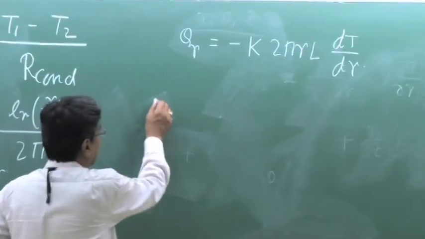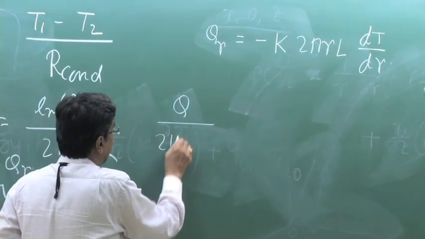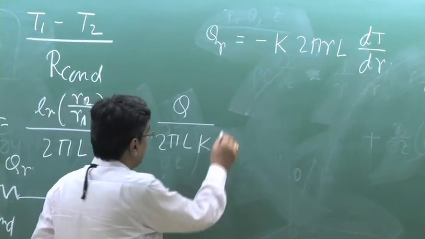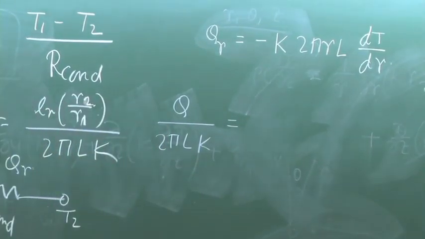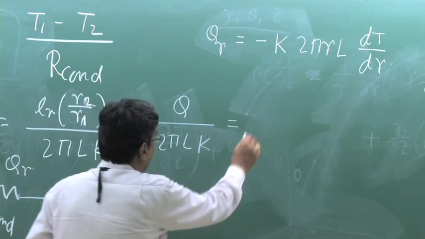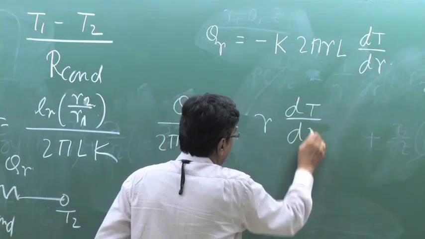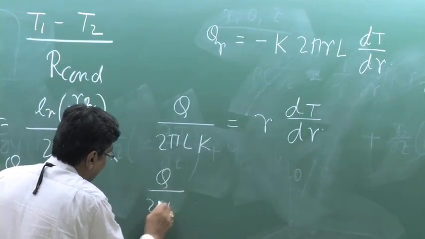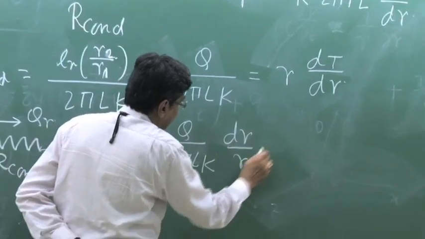That means I can write Q equals minus 2 pi Lk R dT dr. Next we can write Q by 2 pi Lk times dr by R is dT.